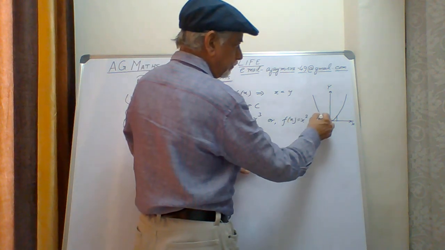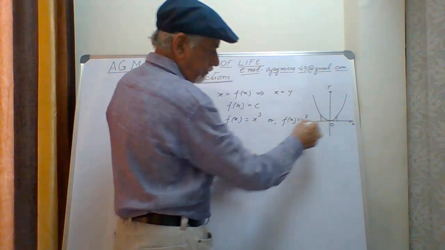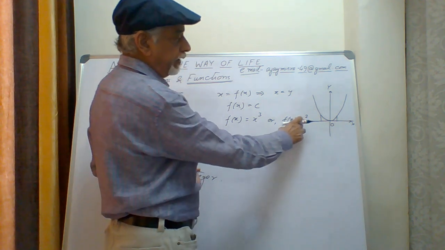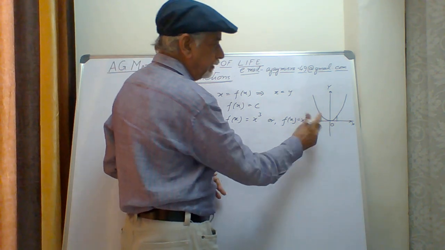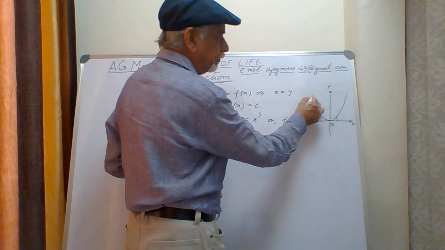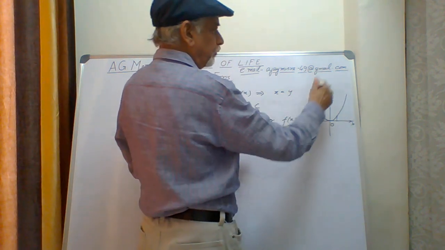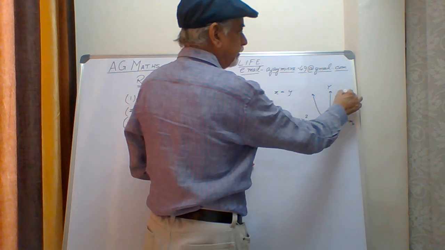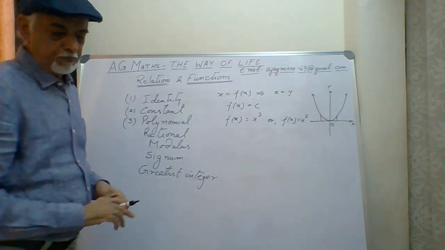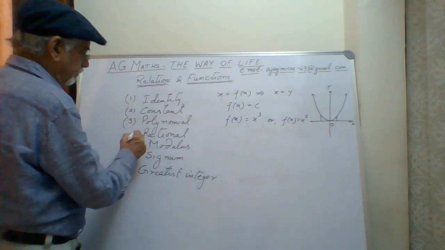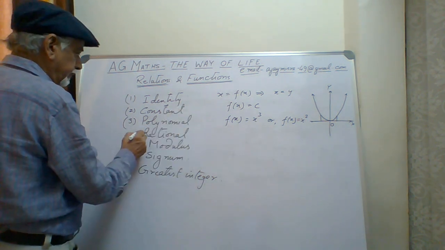So y is positive even on the negative side of the x-axis. If x is negative 5, y value will be positive. If x is positive 5, it will be positive. So it will go up. It's a top opening parabola, f(x) is equal to x square. So that is the polynomial form of function.